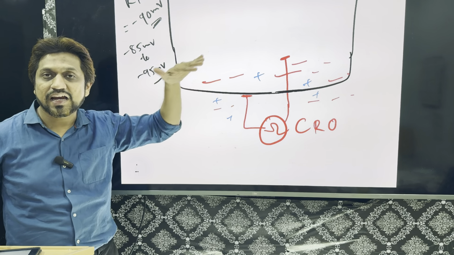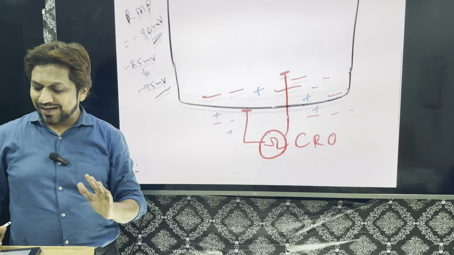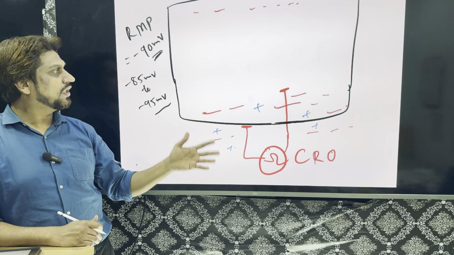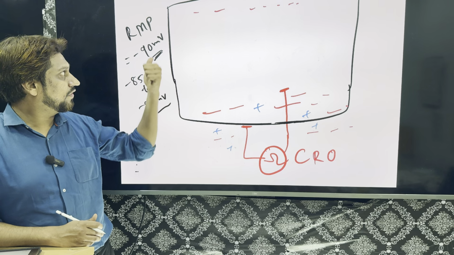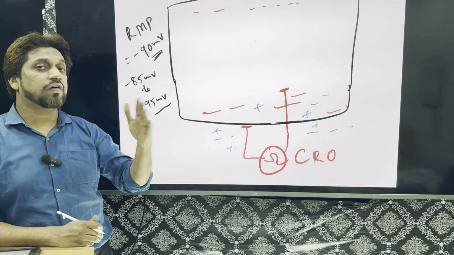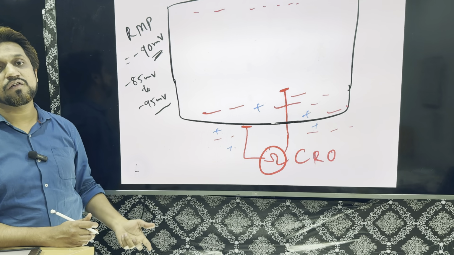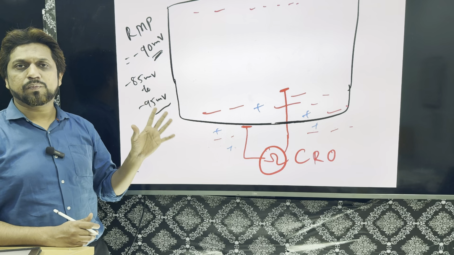The number of negative charges is more. How much more? Up to minus 90 millivolt. That potential difference across the cell membrane in the resting condition is simply known as resting membrane potential. Hope it is clear. Details on why it is negative and all, we have discussed. One of the factors is the sodium potassium pump, though there are so many other important factors. The sodium potassium pump is one contribution, but a small one.